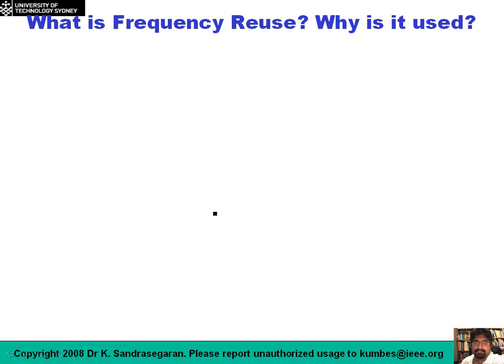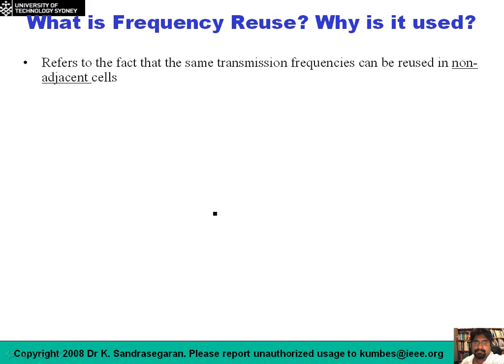Okay, now we've talked about the idea of frequency reuse. We said that frequency reuse essentially means that the same transmission frequencies used in a particular cell can be reused in non-adjacent cells.